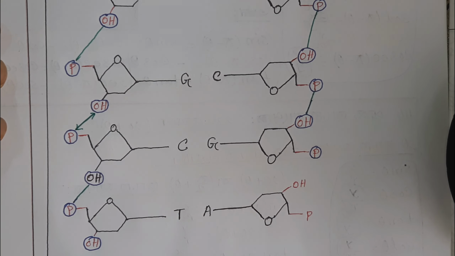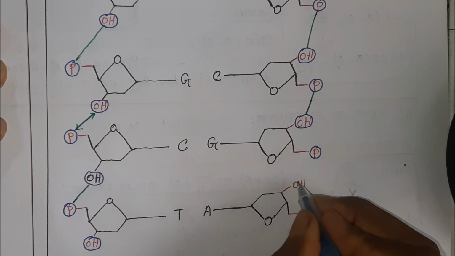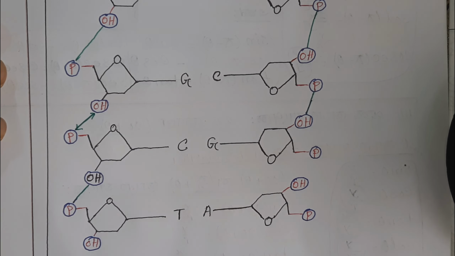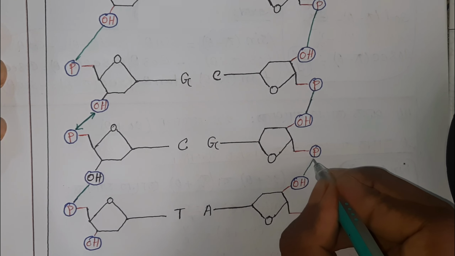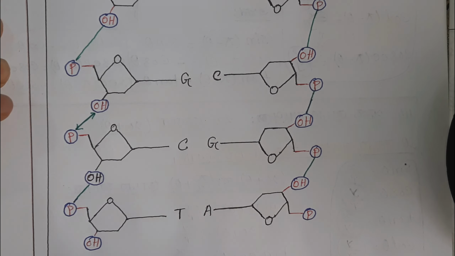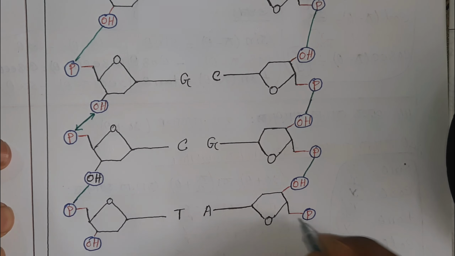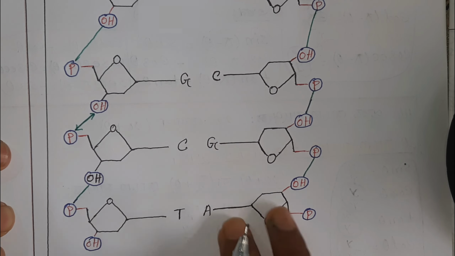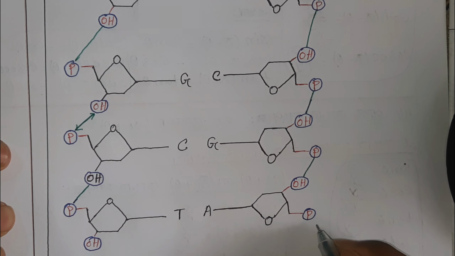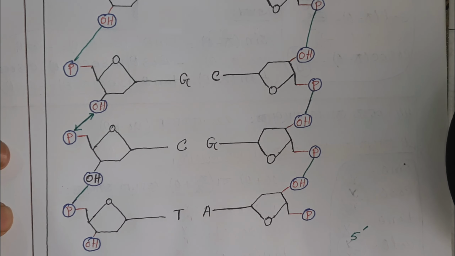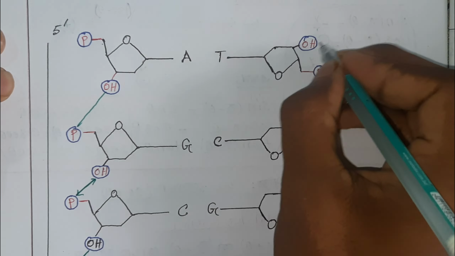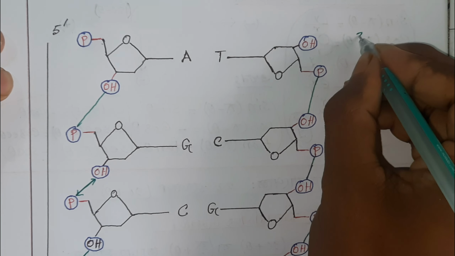In every nucleotide the first carbon is connected with the nitrogenous base, the third carbon has an OH group, and the fifth carbon has a phosphate group. In the second strand, the numbering of nucleotides is similar to the first strand, but here the positions of nucleotides are opposite.